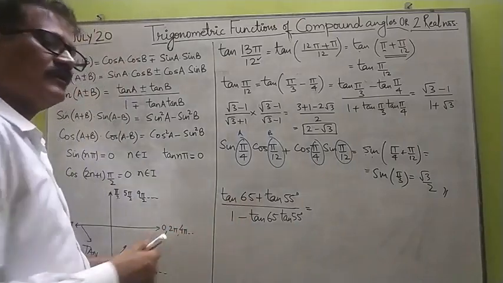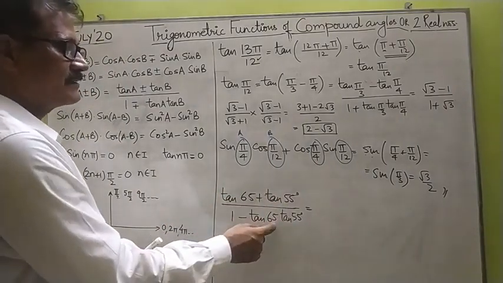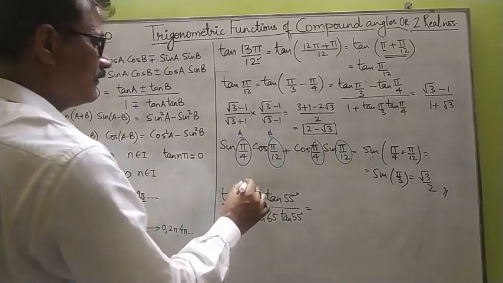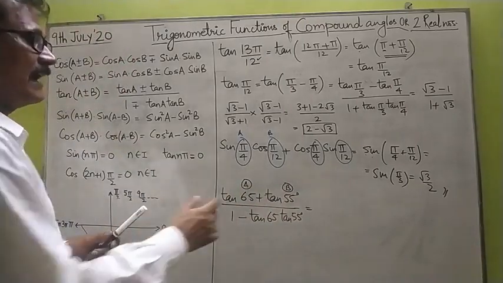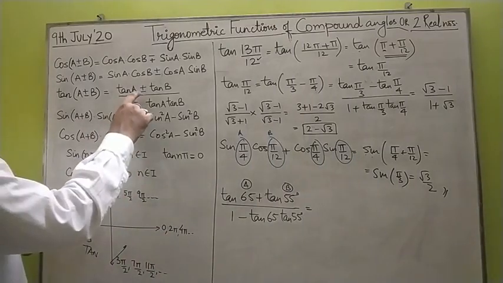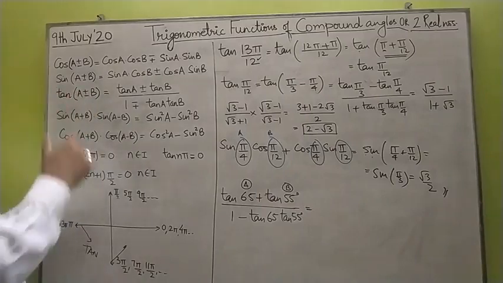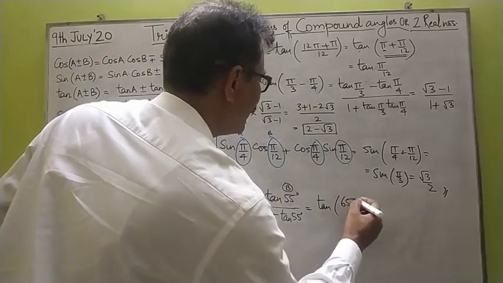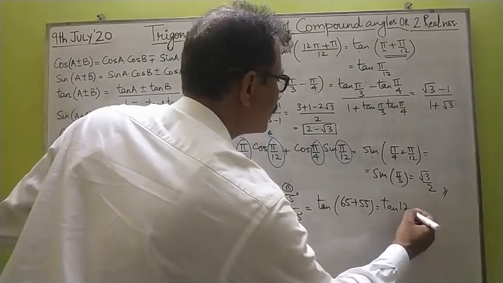Can you recognize this one now? Tan 65 plus tan 55 upon 1 minus tan 65 tan 55. If you mark this, there are two angles being used again in this formula. If you take this angle as A and this as B, this formula turns out to be tan A plus tan B upon 1 minus tan A tan B. It is the formula of tan of A plus B. So this is the same as tan of 65 plus 55, which is tan of 120 degrees.